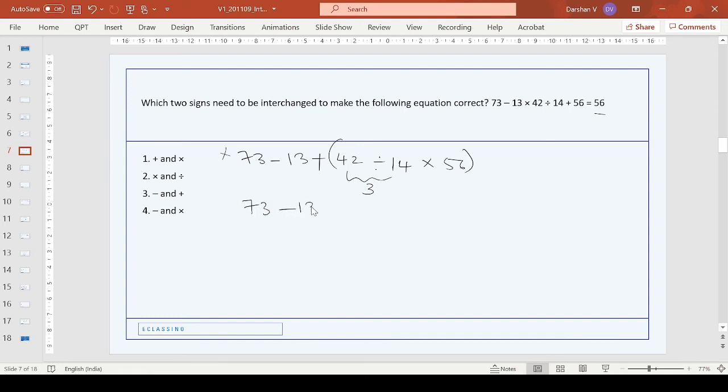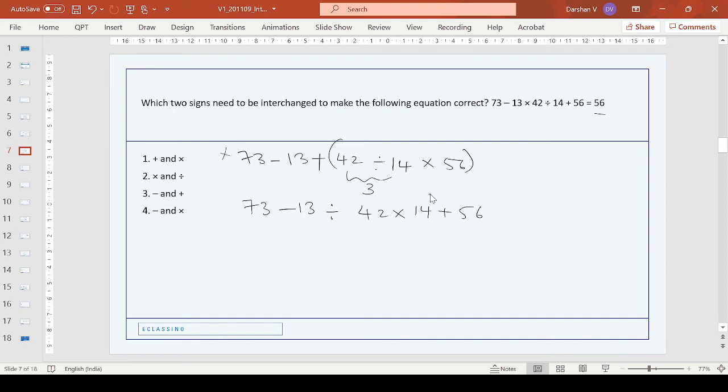73 minus 13, the multiplication has to be replaced by division, 42 into 14 plus 56. Alright, so here we have 13 by 42 into 14 plus 56.